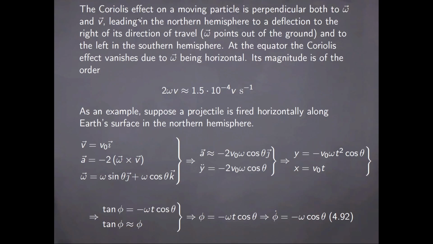The Coriolis effect on a moving particle is perpendicular both to the angular velocity of the rotating frame and the velocity of the particle. It leads in the northern hemisphere to a deflection to the right of its direction of travel due to the angular velocity pointing out of the ground, and to the left in the southern hemisphere.